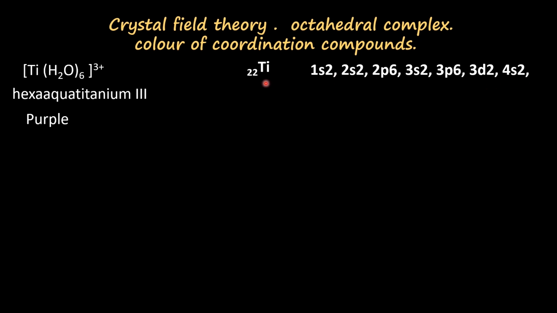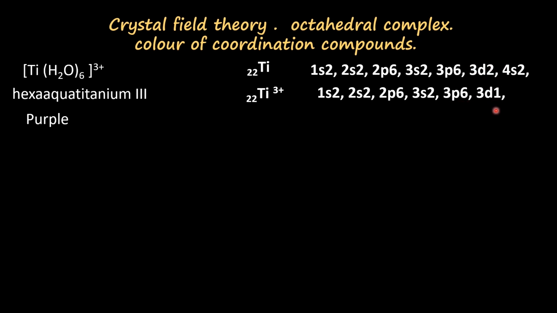In this complex, titanium has a charge of 3+, so it has lost 3 electrons. 2 electrons in the 4s orbital and 1 electron from the 3d orbital are lost. And the electron configuration of the titanium 3+ ion will be 1s2, 2s2, 2p6, 3s2, 3p6 and 3d1.